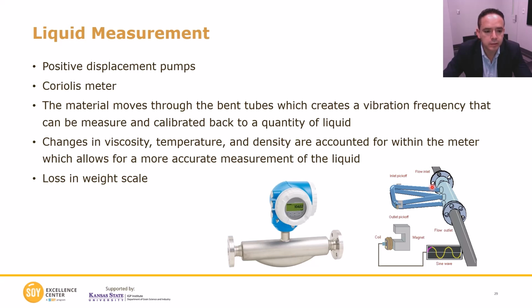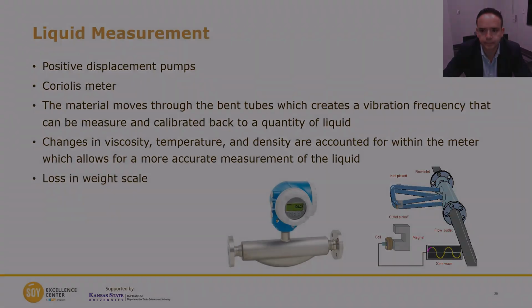Changes in viscosity, temperature, and density are accounted for within the meter, which allows for a more accurate measurement of the liquid. So in our system, when we are applying liquids post pellets, we are going to be using these Coriolis meters. The other alternative is also to have a loss in weight scale.